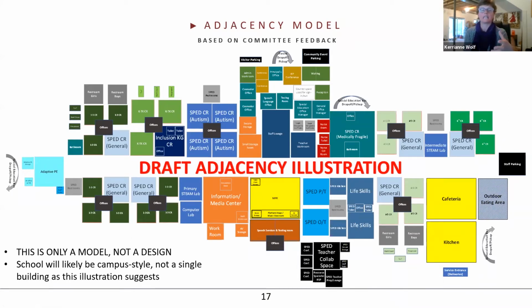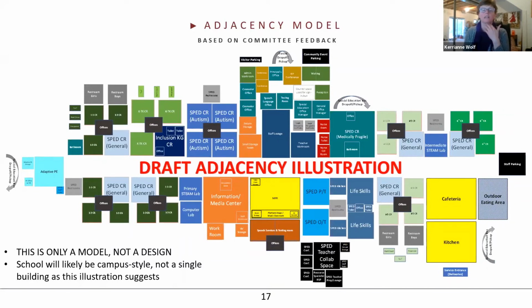Somebody had taken the general ed classrooms and moved the special ed spaces into those general education pods. For example, on the left or the west side of the campus, you'll see those dark green squares. Those are first through third grade classrooms.